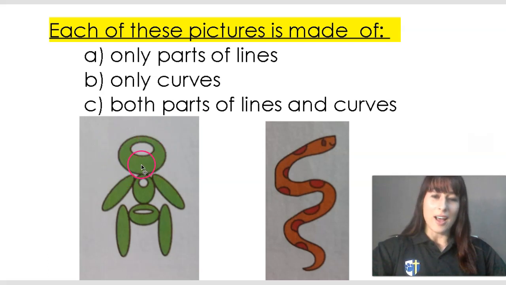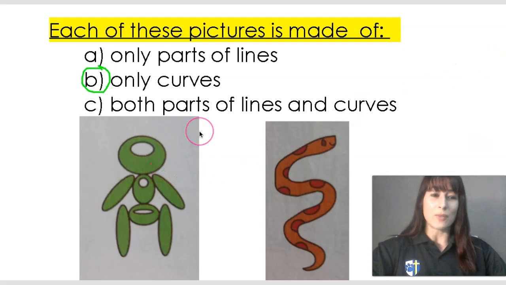Well, looking at it closely, if I trace this one with my finger, it is definitely turning. So I can tell that this one has curves all over. And the same applies to the snake. If I trace him, I'm going left and right, up and down. And here I have again a curve, another curve here. I'm going to decide that these two pictures are only curves. I don't see any parts of lines in these two pictures.